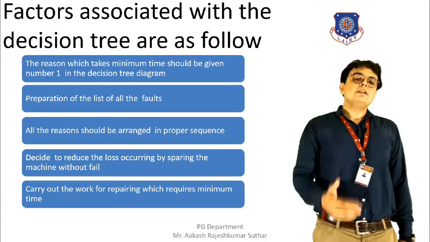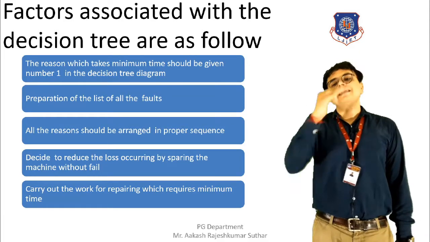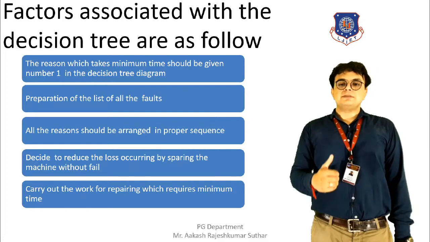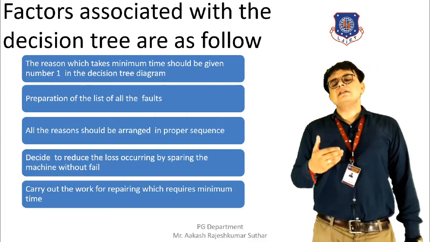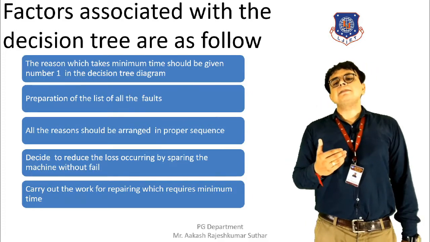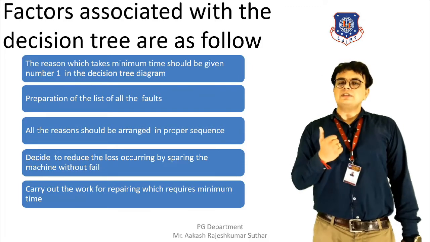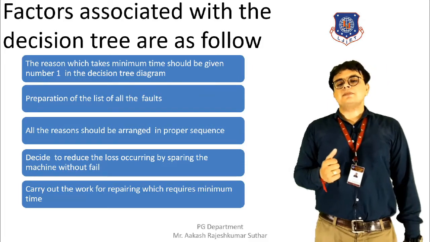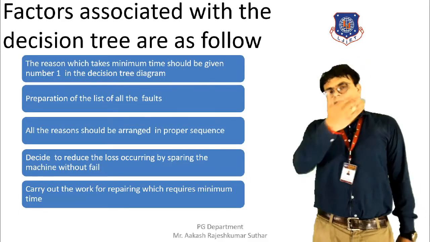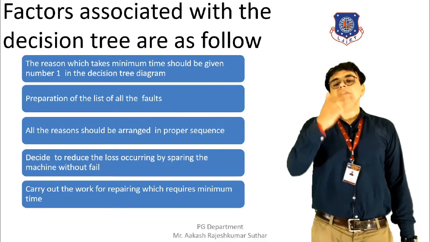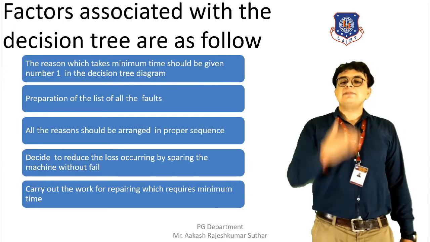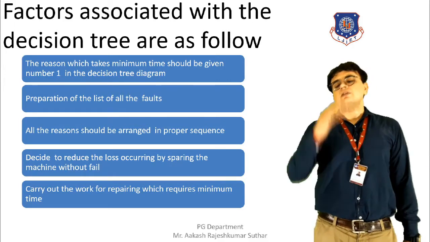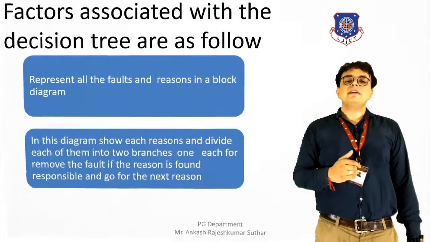At least the work which requires lesser time for repairing should be listed first. Because of this, we can easily repair many of the faults, and by this the rectification can occur. So these are some of the factors that are associated with the decision tree. Moving towards the further discussion of these factors, there are also other factors.